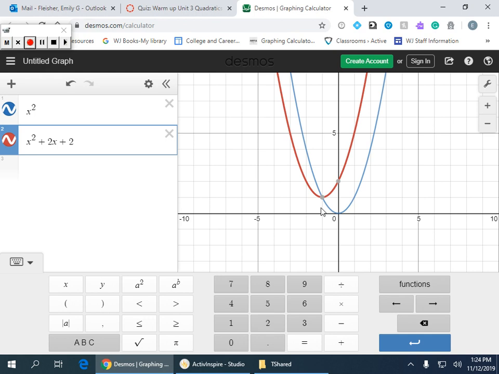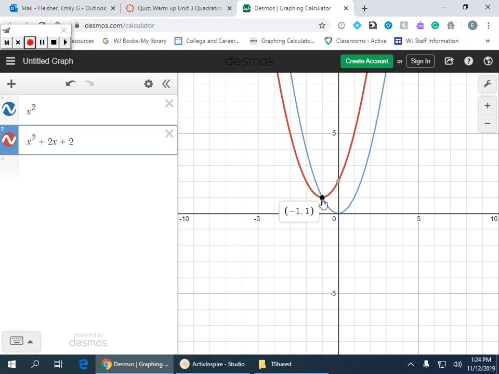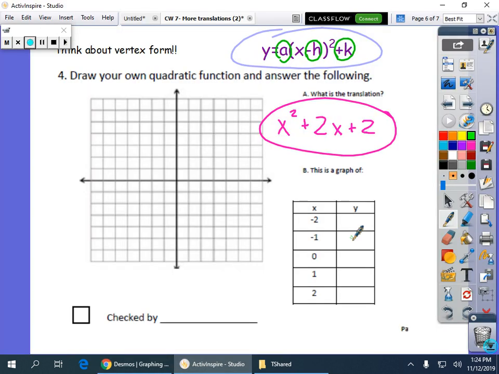So the graph moves. It just moved left 1, up 1, and the vertex is there at negative 1, 1. And a is still 1 because a is always in front. So a is 1, so that means to get to the next point, I'm just going up 1, left 1, and up 1, right 1. So at 0, that's at 2, and at negative 2, that's also at 2.